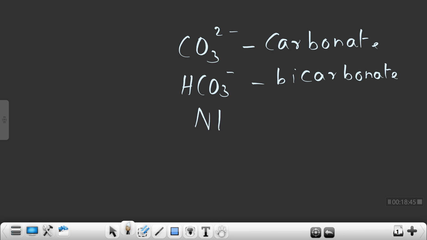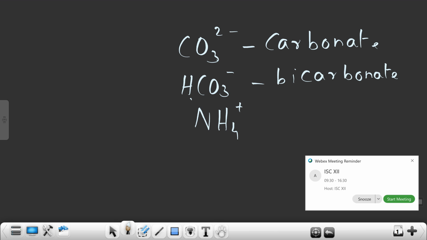Then NH4+, N means nitrogen. These all are compound radicals. Carbonate contains 1 carbon atom and 3 oxygen atoms. HCO3 contains 1 hydrogen atom, 1 carbon atom and 3 oxygen atoms. NH4+ is ammonium, the ammonium radical.